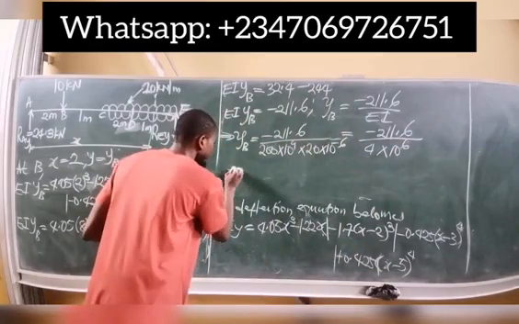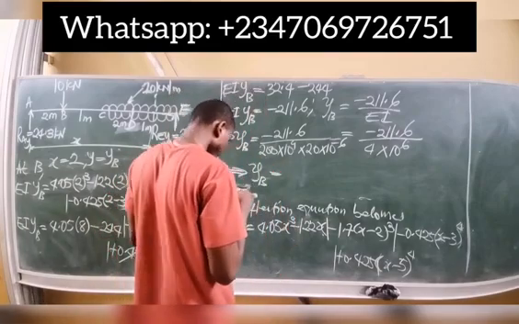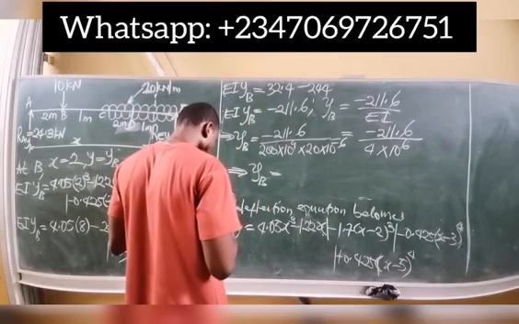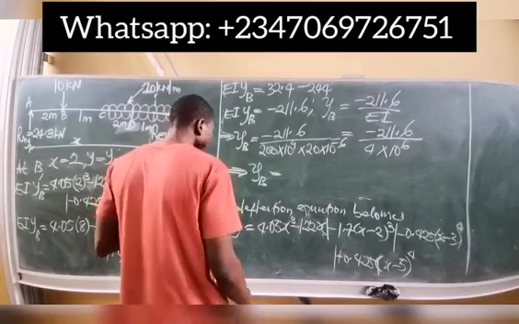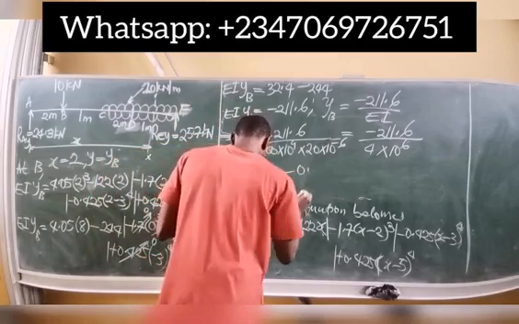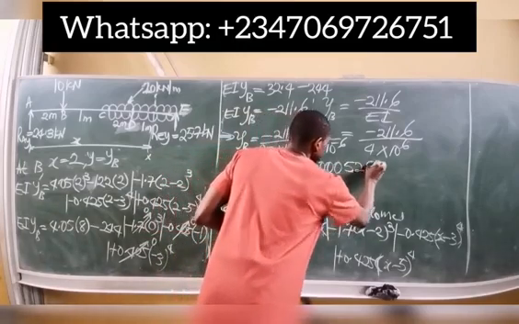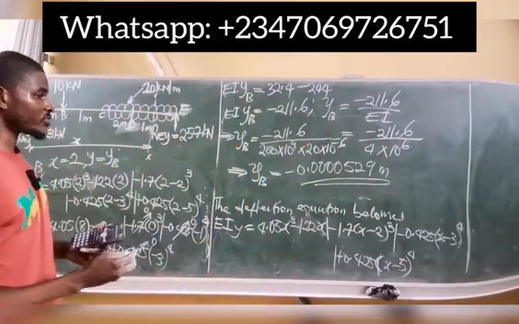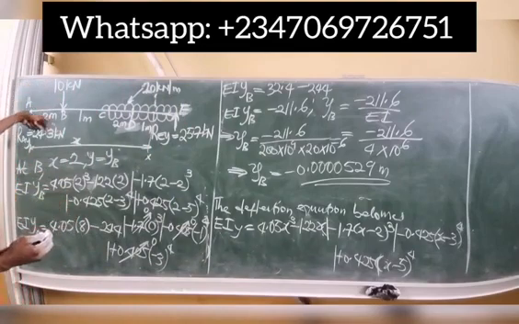So this simply means that deflection at point B is simply equal to minus 211.6 divided by 4 million. So we simply have minus 0.000052 in meters. So this becomes the value of the deflection at point B. And this negative sign simply shows that deflection at that point is downwards. That's why we have the negative value.